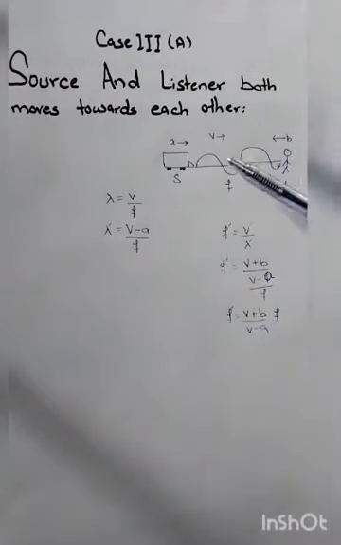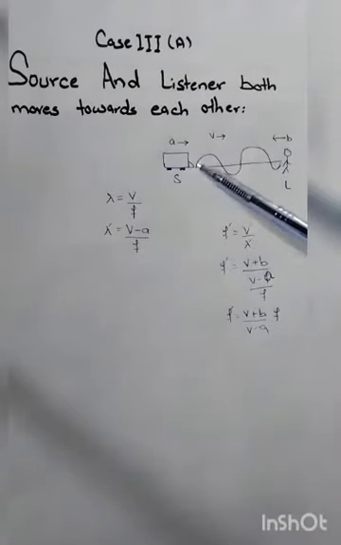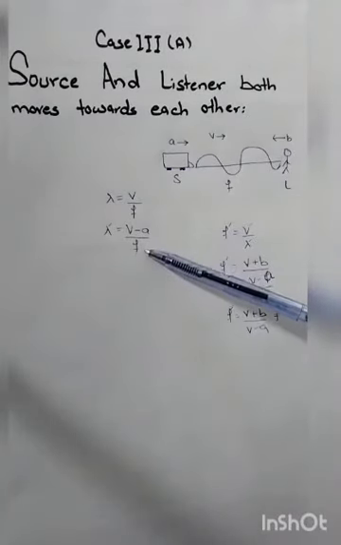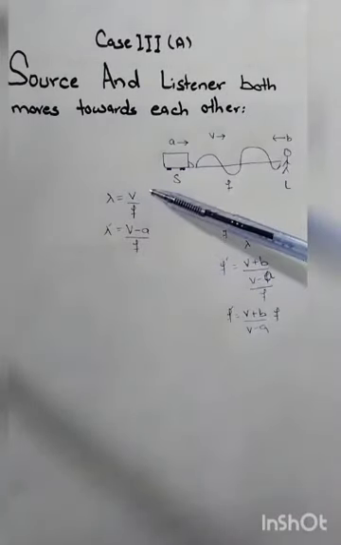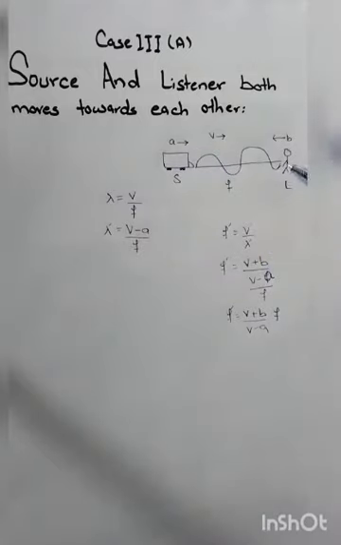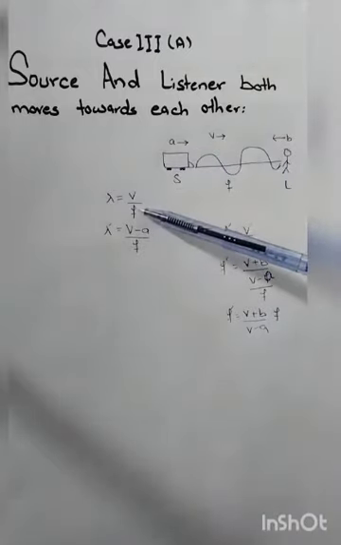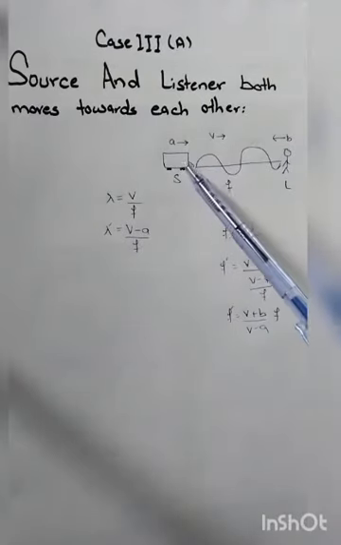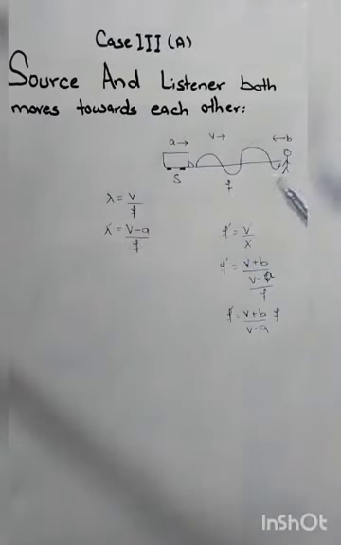Now, when the sounding source moves towards the listener, there is a change of wavelength, because the wavelength is related to the distance between the sounding source and listener.